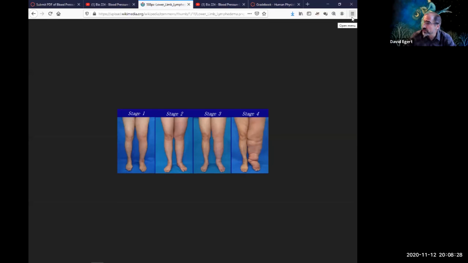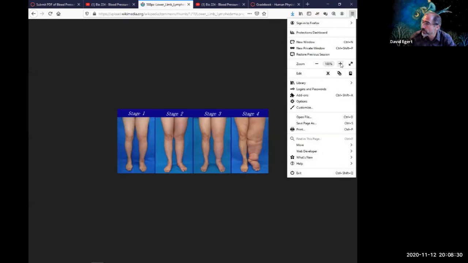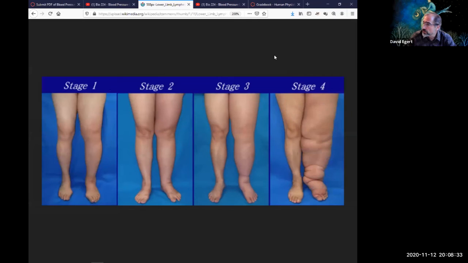This is elephantiasis, a disease where a little parasitic worm gets in and starts blocking up the lymph vessels, scarring them so the tissue is not draining anymore. So that fluid, instead of leaking and coming back, leaks and just stays in the interstitial space. This is what's called edema, a buildup of fluid in the interstitial space.